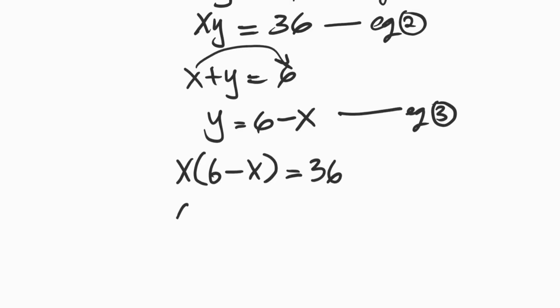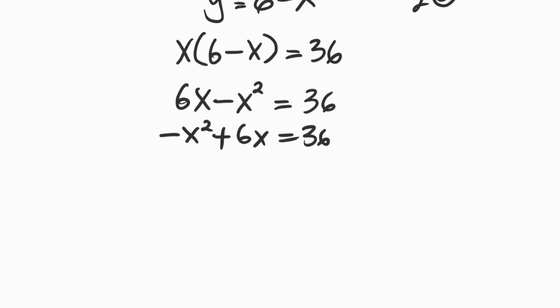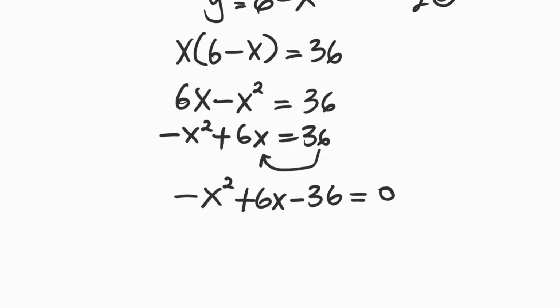Expanding the bracket, we have 6x minus x squared equals 36. We rewrite this, we have minus x squared plus 6x equals 36. Now, if we move 36 from the right hand side to the left hand side, we have minus x squared plus 6x minus 36 equals 0.